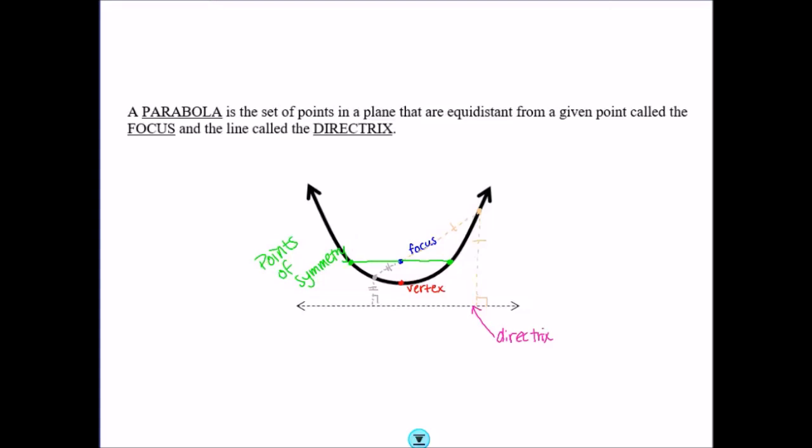Next, we have this distance between the two points of symmetry, and that distance is called the latus rectum. Finally, we have our axis of symmetry, which cuts the parabola in half and will always go through the focus and through the vertex.